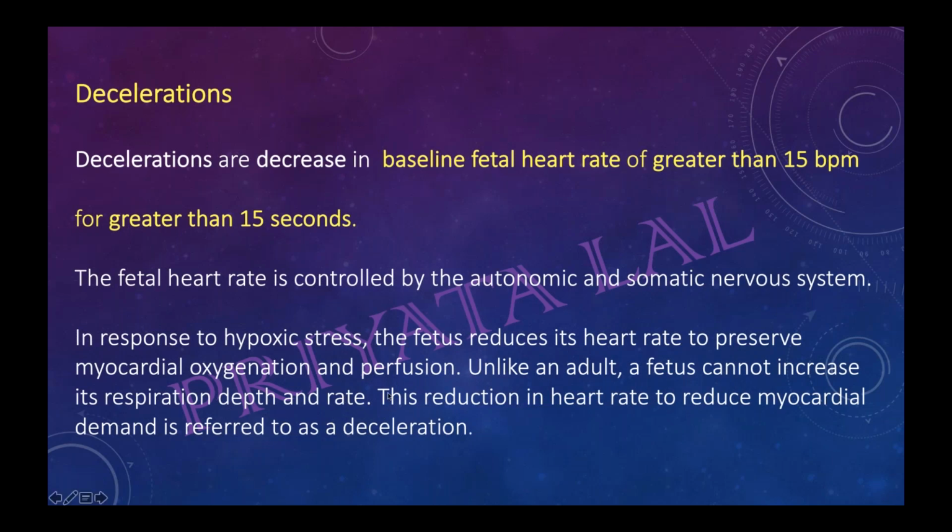So how will the baby tackle this hypoxic stress? There will be a reduction in fetal heart rate, and then there will be deceleration. This mechanism is different in adult and fetus, but you need not remember all this stuff because they never ask it in the exam. You have to know how to calculate and how many types there are.